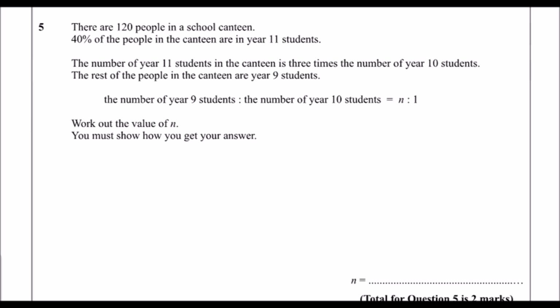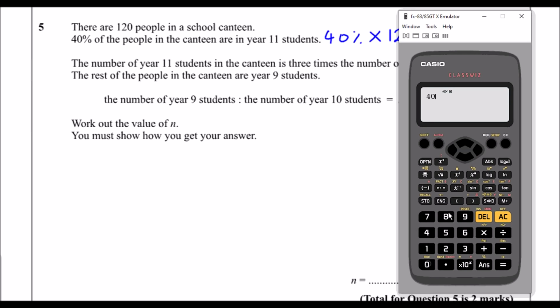So let's go through this, working out as we go. So 120 people, 40% are Year 11. So 40% of 120, we write 0.4 times 120, is 48.